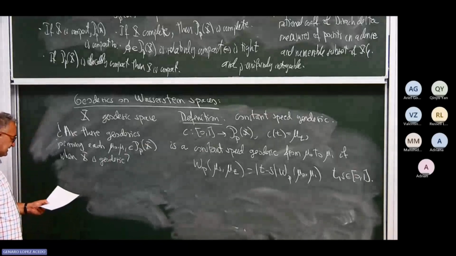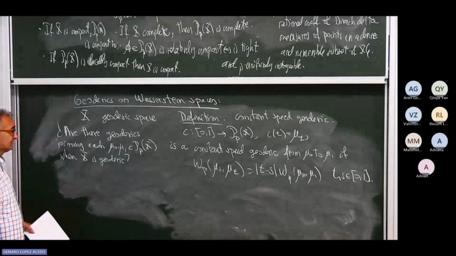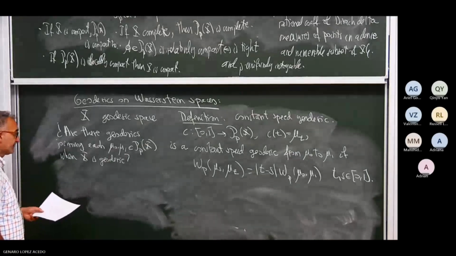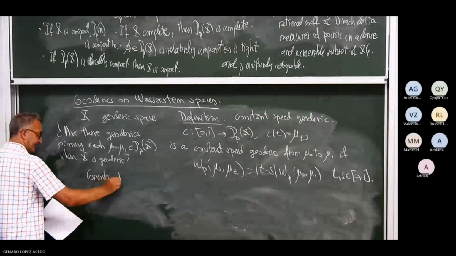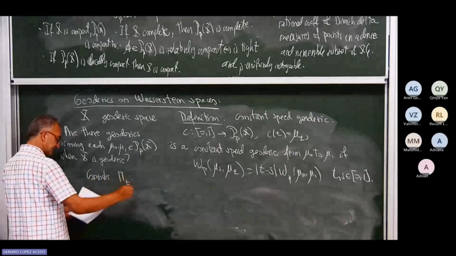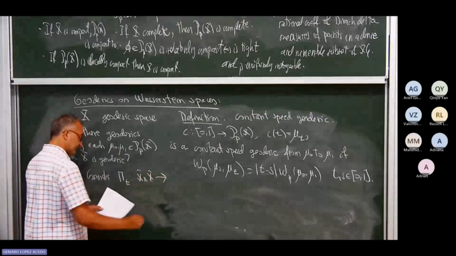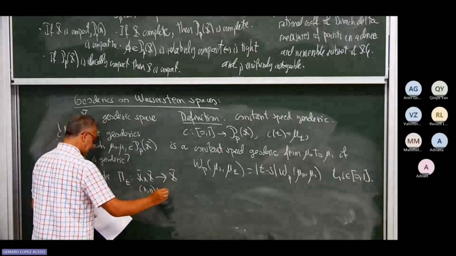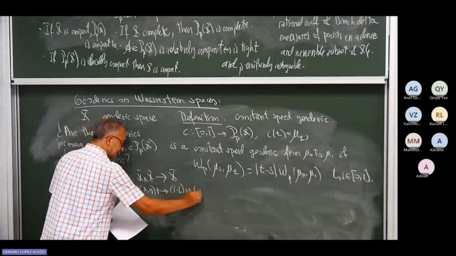All right, so we are going to consider P_t. It's a new kind of projection, a map from X times X into X, where (x, y) is taken into (1 minus t)x plus t y, right?